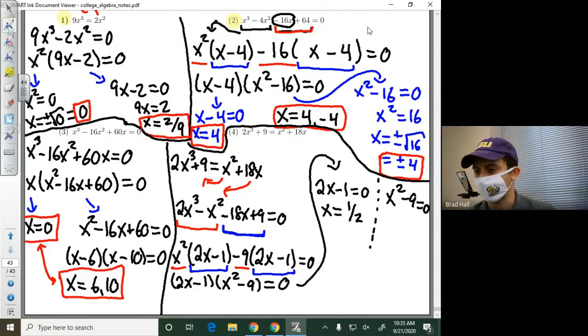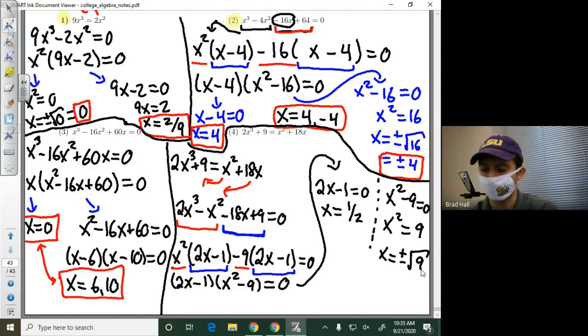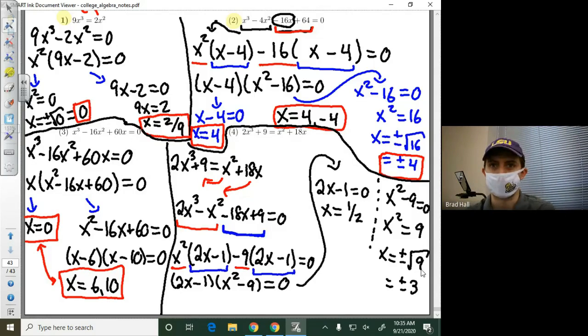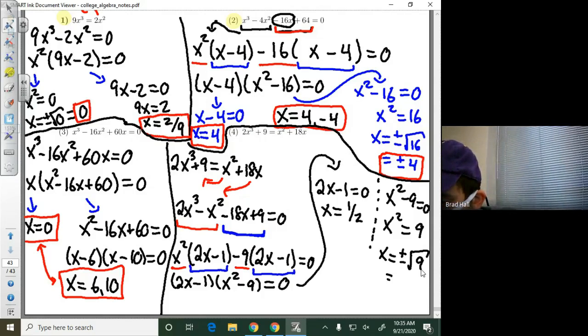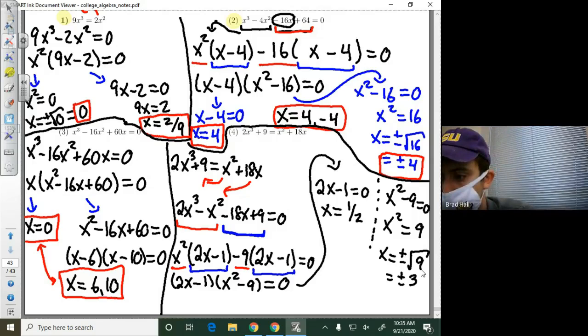And then for the next one, you add 9 on both sides. Go ahead and take the square root. And plus or minus the square root of 9. The square root of 9 is just 3. So we get 3 answers here.